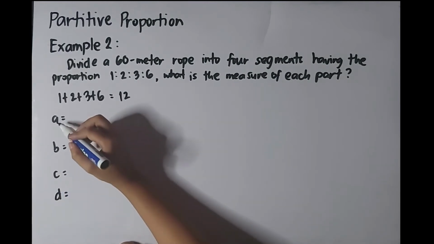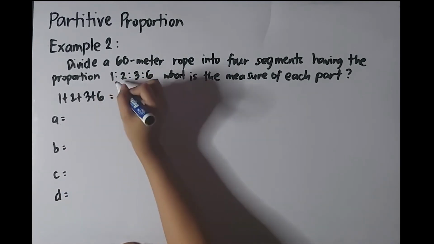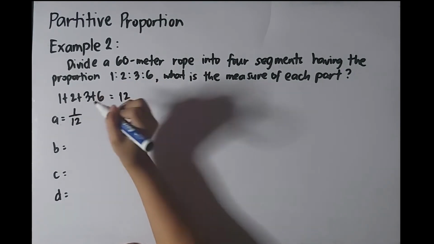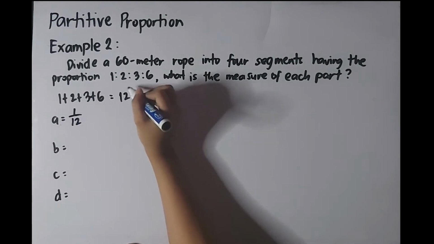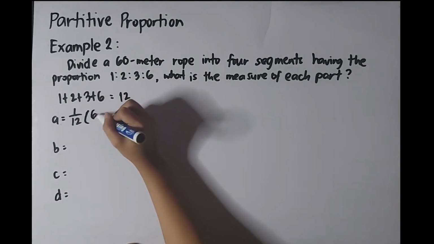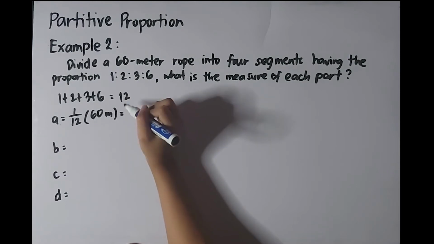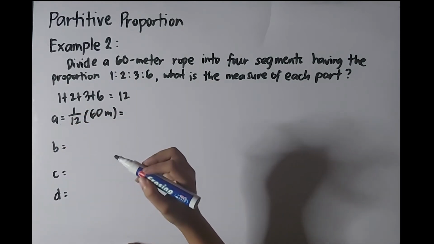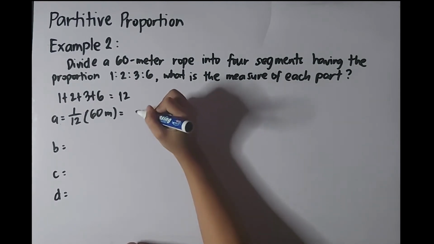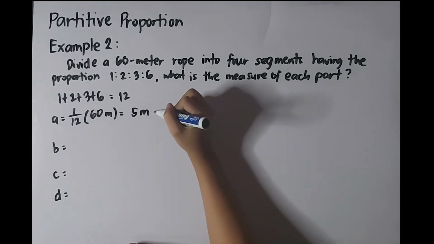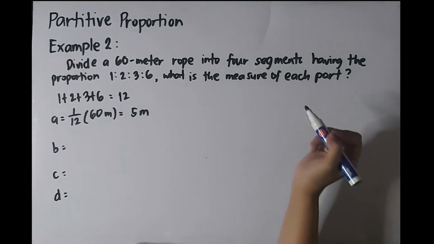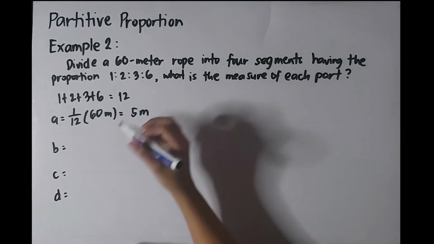So the first part, which is a proportion part of 1, so we have 1/12 of the total of the proportion multiplied by 60 meters. So we have 60 multiplied by 1/12. 1/12 of 60 meters is equals to 5 meters. So this is the length of the first segment of the rope.